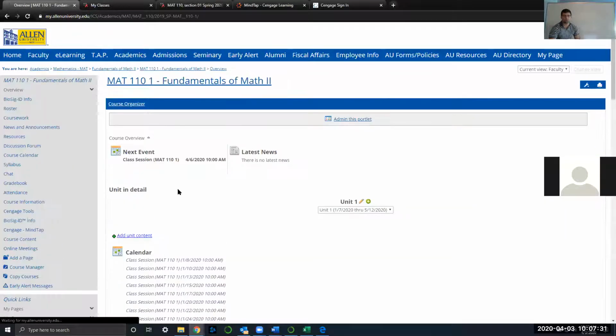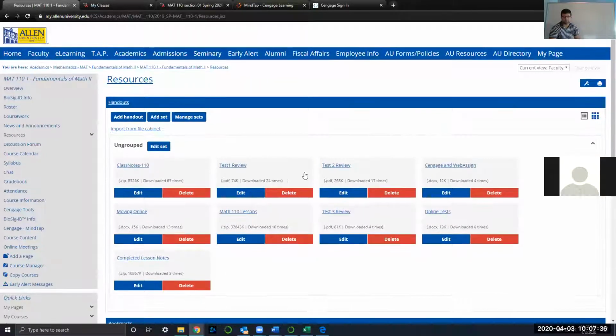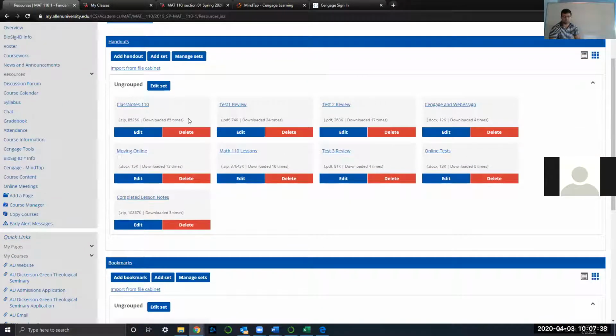So go to class, resources. This is where just about everything is. You have the old class notes, test reviews. This is the review for test number 3. Moving online is an important document you need to check out.